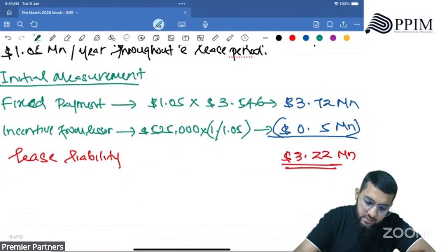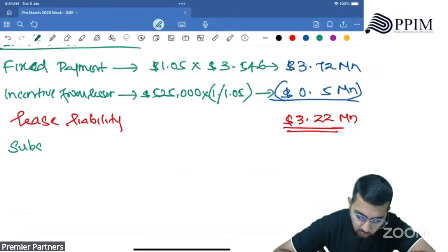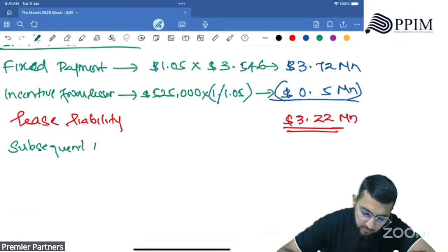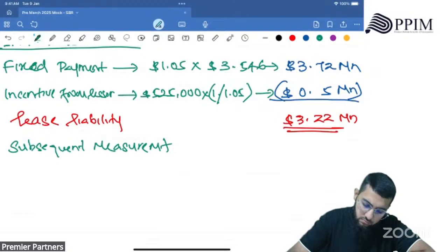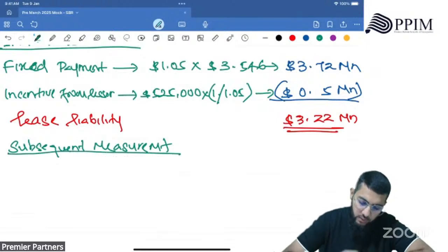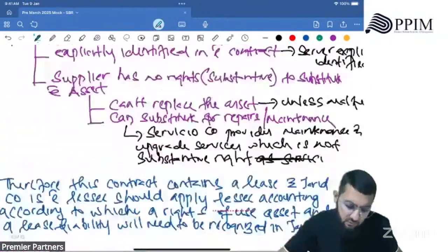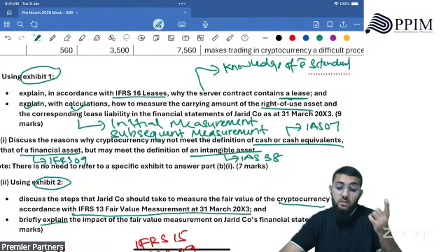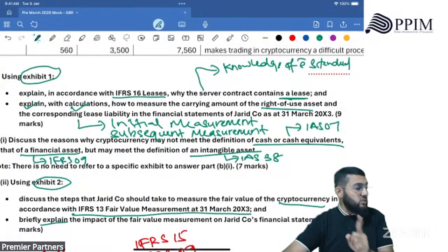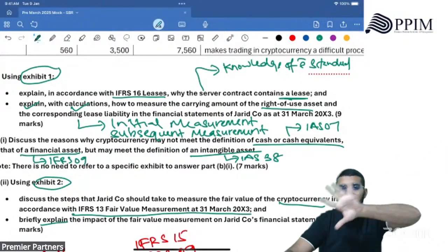Then we come with a subsequent measurement at the end of year 1, since we want it as at the end of 31st of March. Since we've already made the payment in the beginning, the date is 31st March. So we'll be making the next payment on 1st of April. So on 31st March, we're not deducting any payment there.